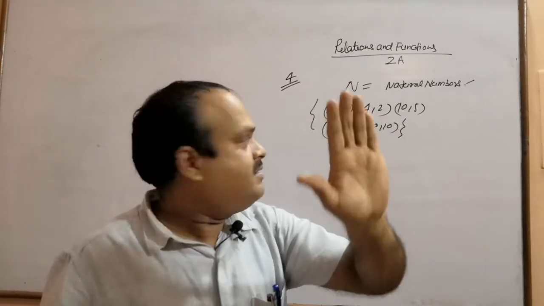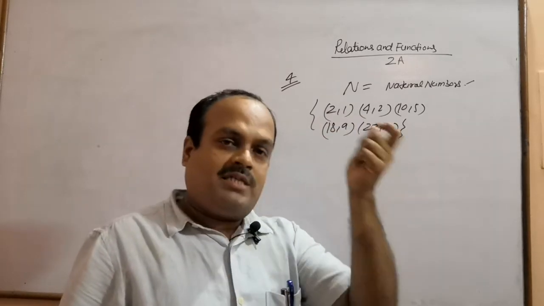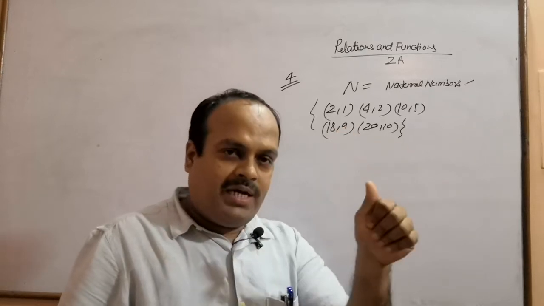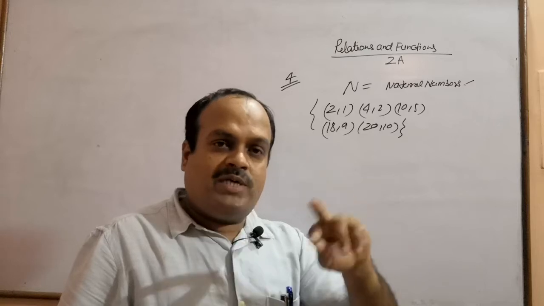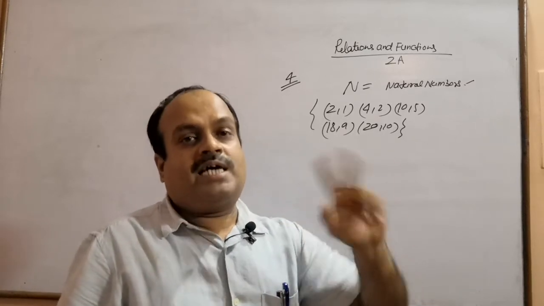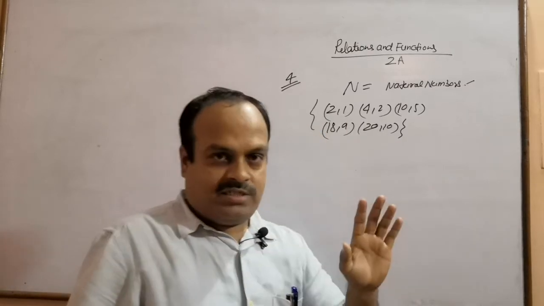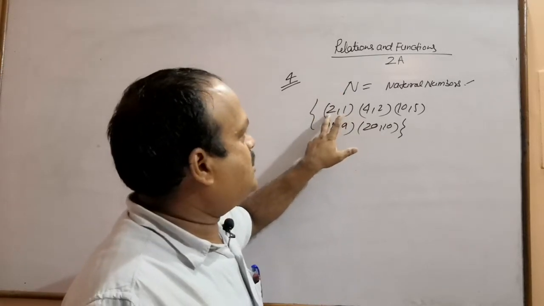This relation has 5 elements. So to find the relation, we need to go through every element carefully. We need to examine on which pattern the first entry and second entry of every element is arranged. Start with the first element. Entries are 2 and 1.